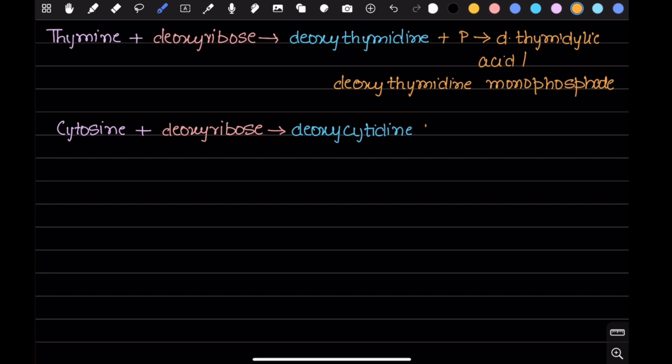If we add a phosphate group to it, it would form a nucleotide which is called deoxycytidylic acid. Another name for this one is deoxycytidine monophosphate.